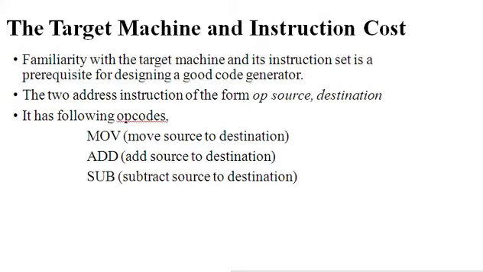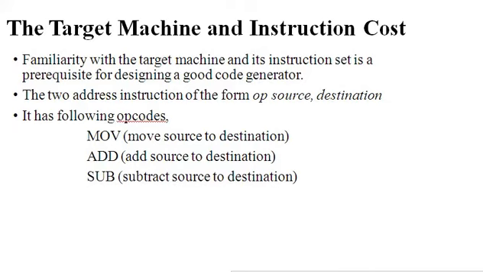Next is the target machine and instruction cost. The target machine and its instruction set is a prerequisite for designing a good code generator. So we will assume our target computer models a 3-address machine with load and store operations, computation operations, jump operations and conditional jumps.